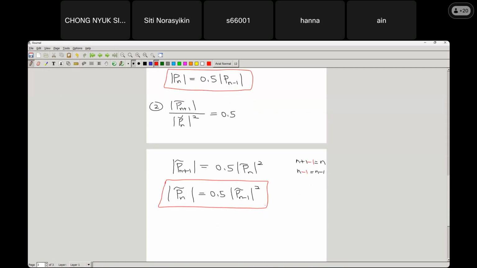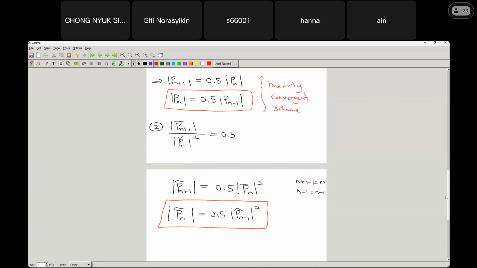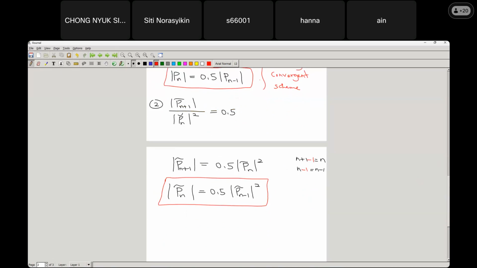Next, we look at the linear convergence scheme. For the linearly convergent scheme, we are going to look at this case. Let me erase this part because I need to write something here.